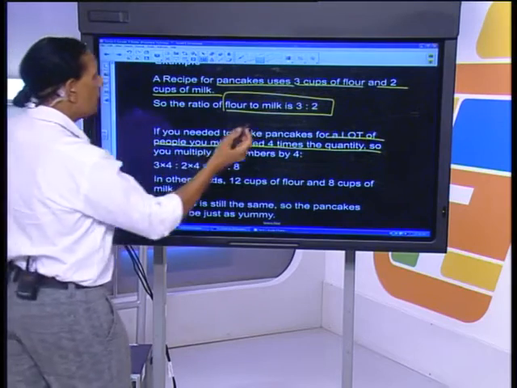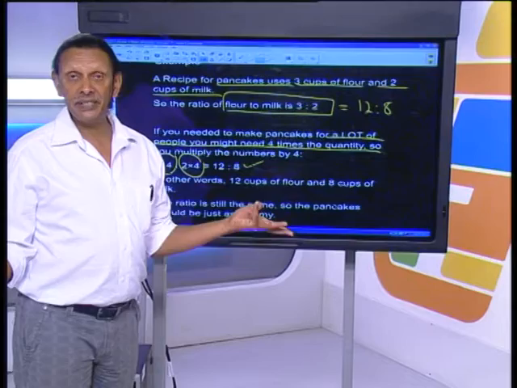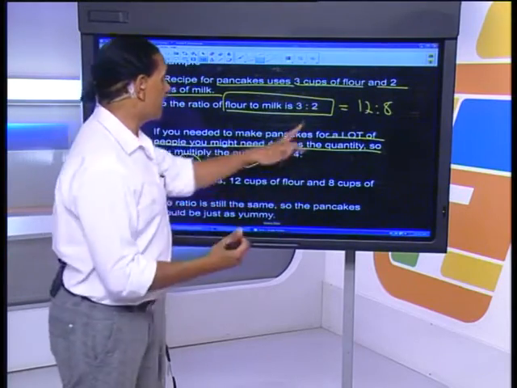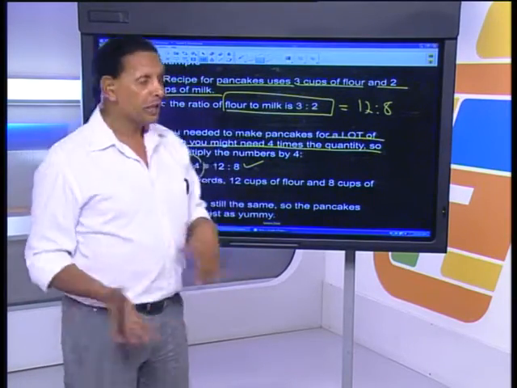So therefore, 3 will be multiplied by 4 and 2 will be multiplied by 4 to increase the ratio now to 12 is to 8. In the same proportion, guys, can you see? It is in the same proportion. I didn't change the value because if I simplify 12 is to 8, it will come back to 3 is to 2.